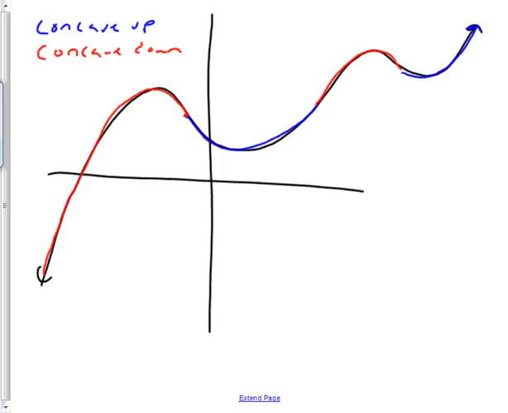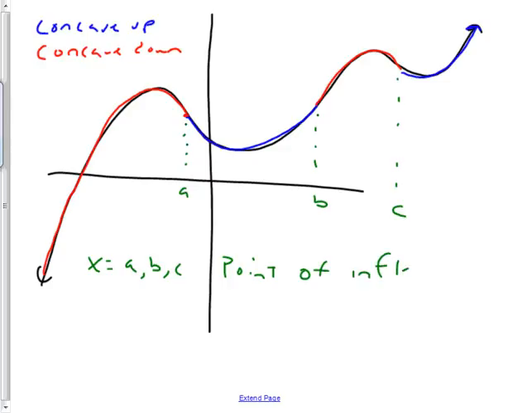Okay, so if we call this point A, and point B, and point C, then at x equals A, B, or C, we have a point of inflection. And at A, our derivative f prime of A is going to be the most negative.